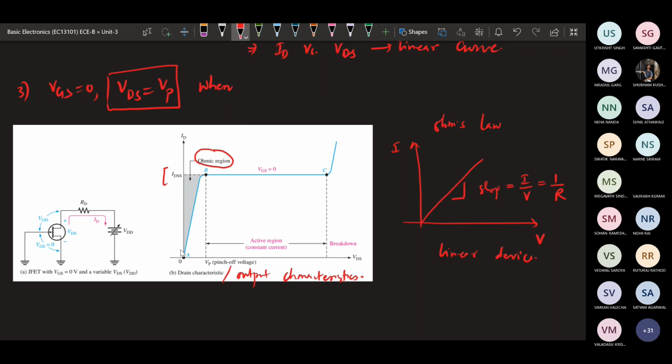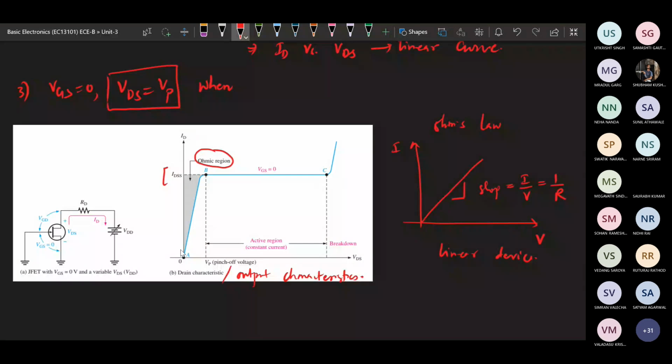This ID is called the saturation current. IDSS is defined as the current having saturated. So the current flowing in the JFET after the pinch off will be called the saturation current.